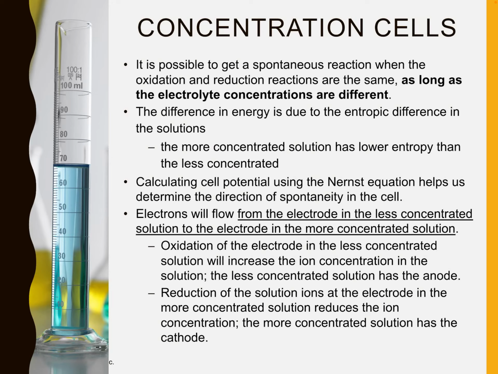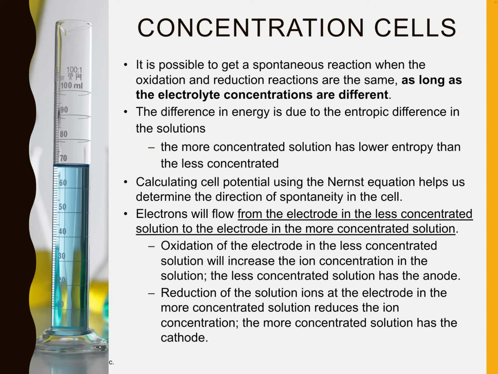We can think of there being fewer microstates that they can exist in. So the more concentrated solution is going to have lower entropy than the less concentrated solution. Because of that difference in entropy, we're going to have a difference in energy, which means we can have our electrons flow between those two solutions.